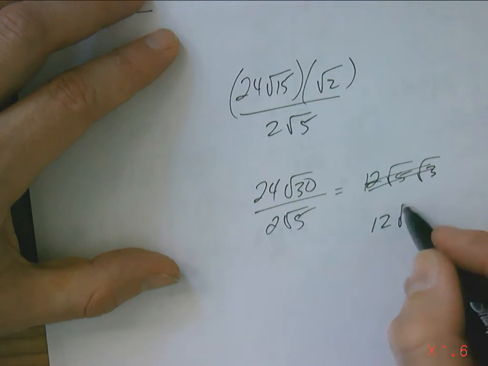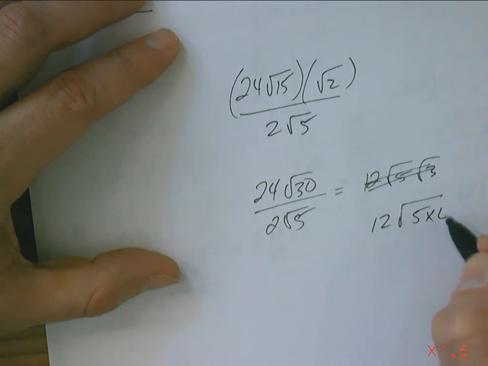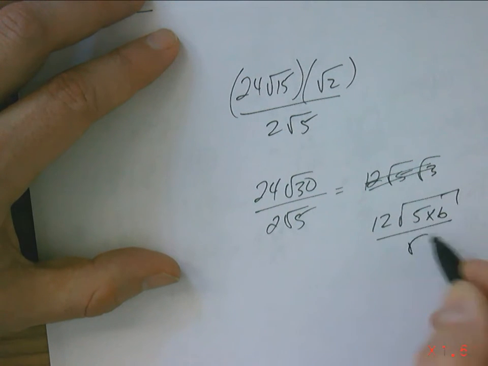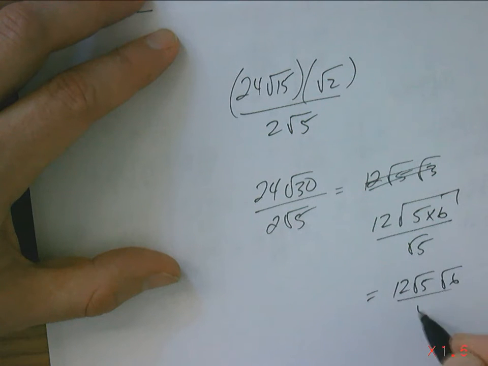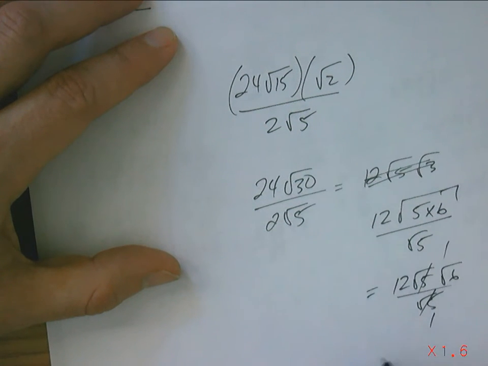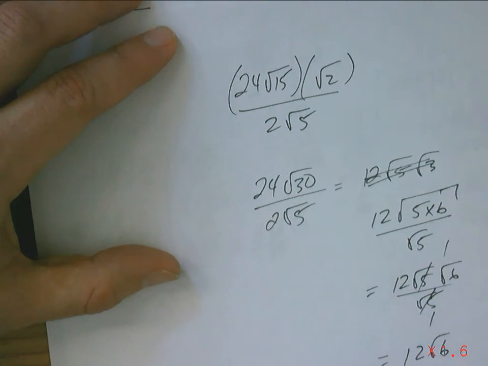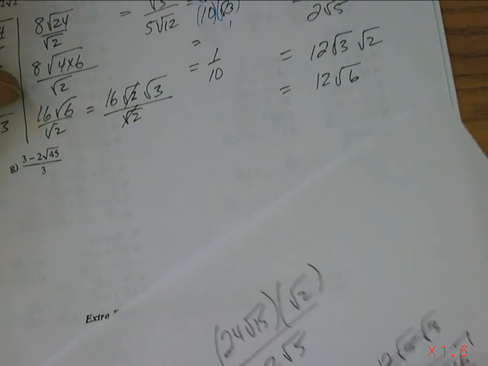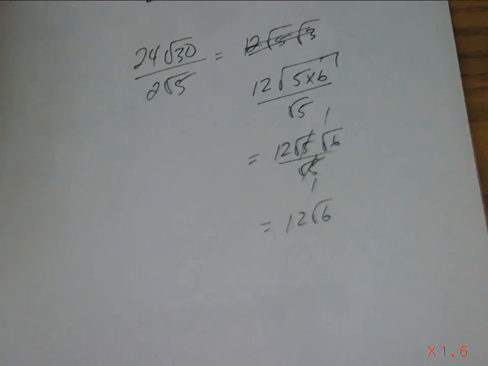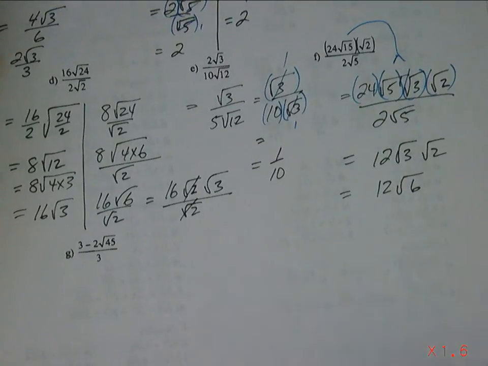The root 30 is going to give me root 5 times root 6 over top of root 5, which is 12 root 5 root 6 over root 5. They reduce, and it's 12 root 6. Let's see if that's the same as I got before. It was. Both are equally good. I'm happy with whichever one you are comfortable with.